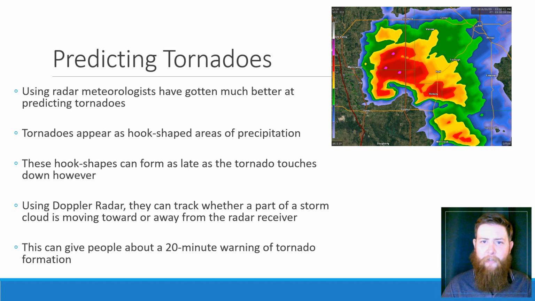As this tornado touches down, we actually can see where it is, and then using Doppler radar, which is this picture here, we can track whether that part is moving and in which direction relative to our radar receiver. While this is still better than before, it still only gives about 20 minutes of warning between when you see the tornado on the Doppler here and when people in their homes get the warning for it.